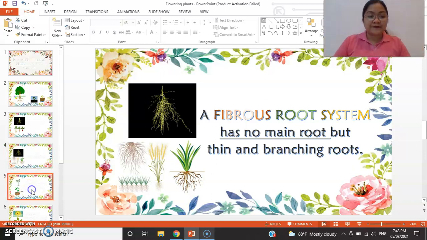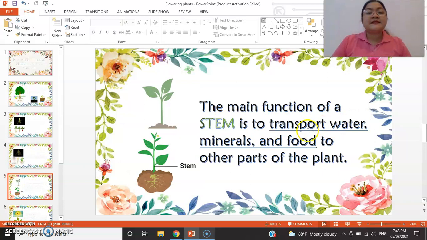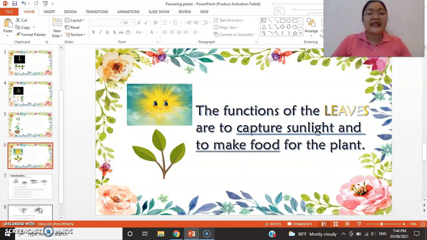Very good. Number two, stem. What is the function of the stem? The main function of the stem is to transport water, minerals, and food. Very good. And the last one, we have leaves. The function of the leaves is to capture sunlight and make food.